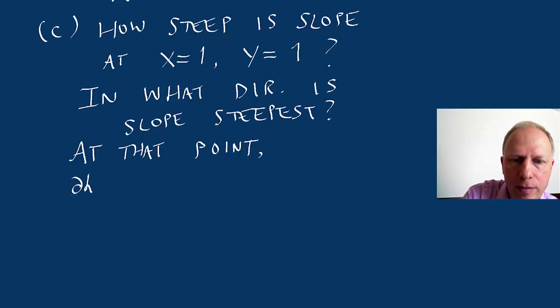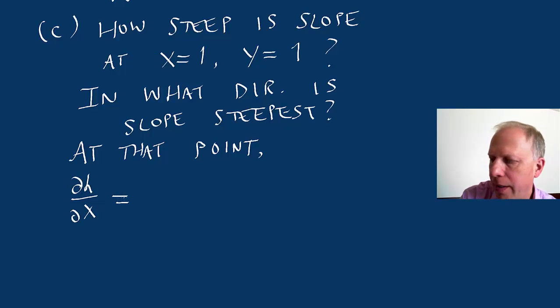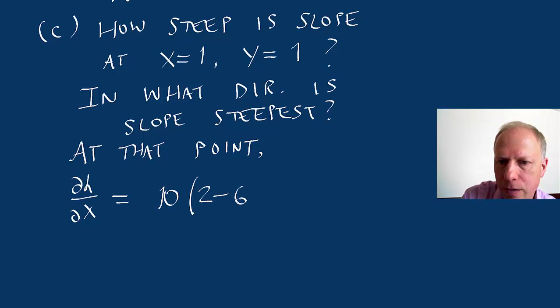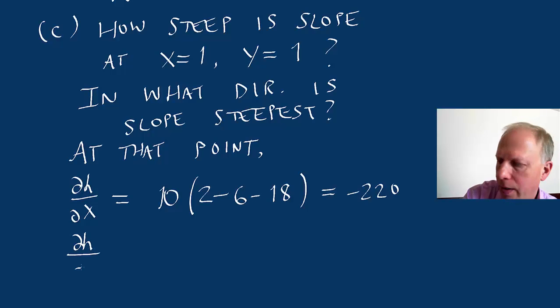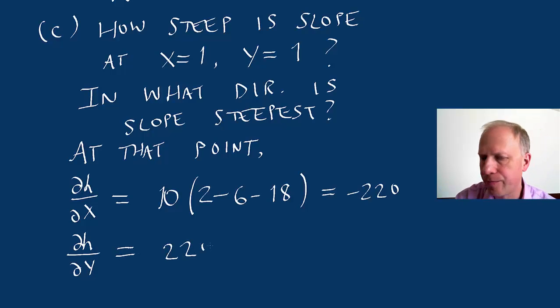dh/dx, plugging in that point, I got, well, you would do 10 times, using the derivative calculated a moment ago, you would get minus 220. And as a matter of fact, dh/dy comes out to be positive 220.